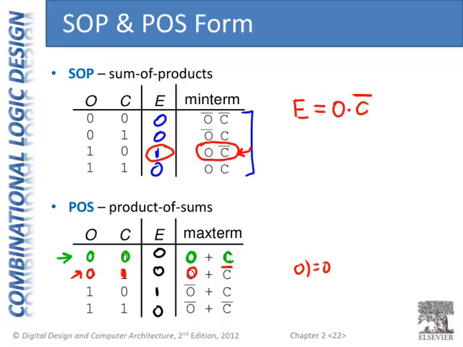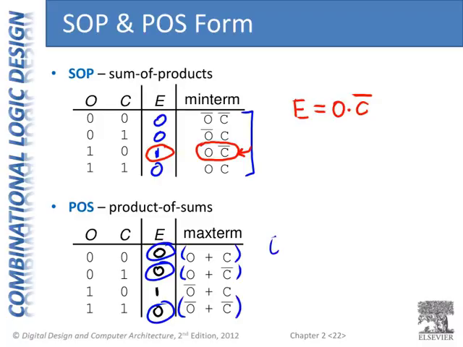Okay, so now that we've reviewed our max terms, now in product of sums form, remember that we circle the zeros. So we're going to circle each of these rows here. So we're forcing the zeros on the output. We're going to include those associated max terms in our equation and AND them together.